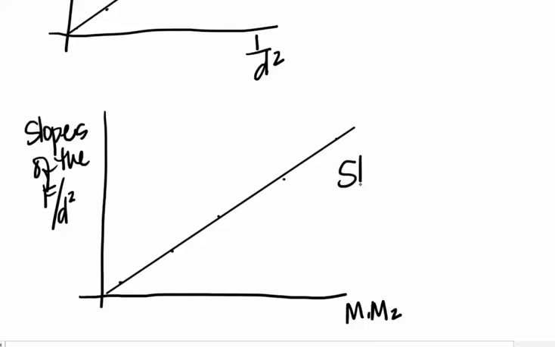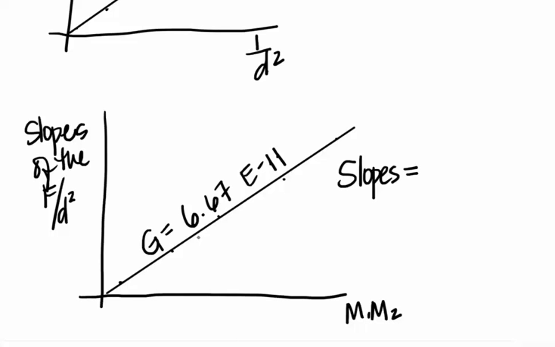Now this slope should have been like 6.67 times 10 to the negative 11. And I'm just going to pick the letter G, capital G, to mean that, because I don't want to write slope again, since two slopes in the same sentence is confusing. I haven't used a capital G. Why not? So the slopes would be equal to G times m1 m2.